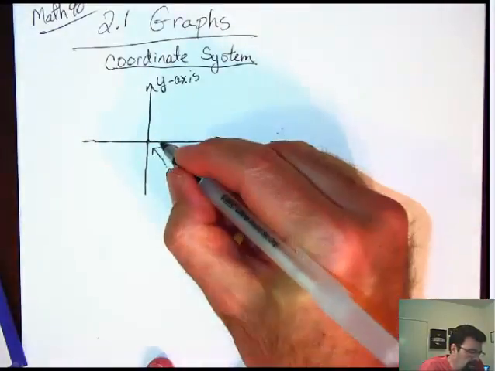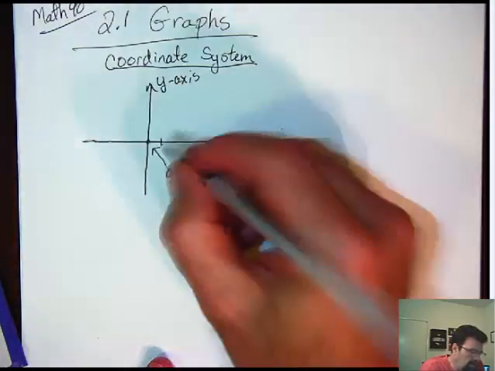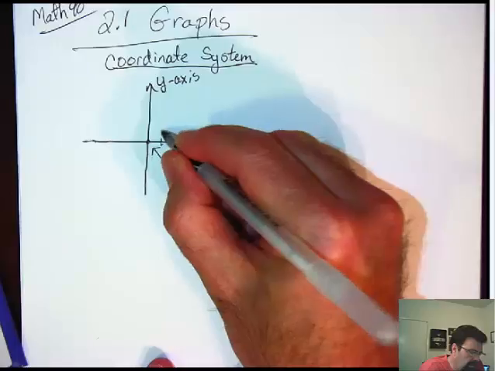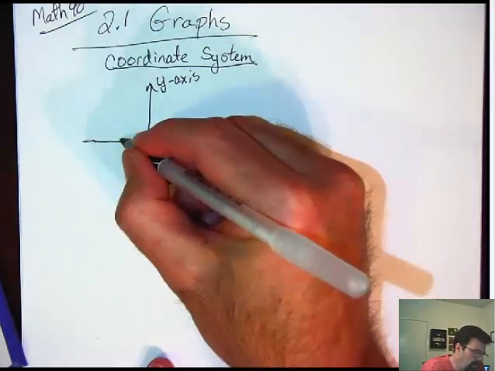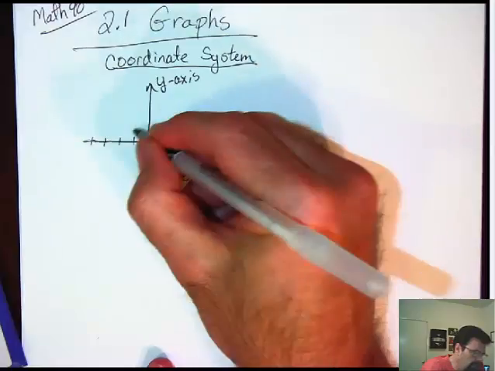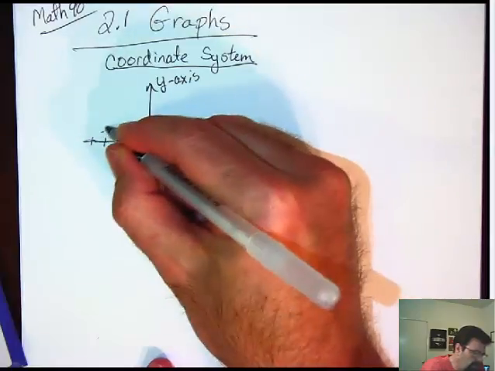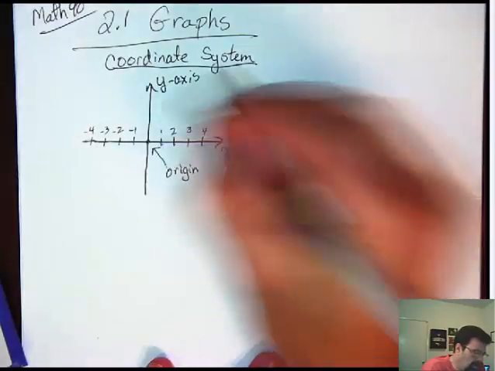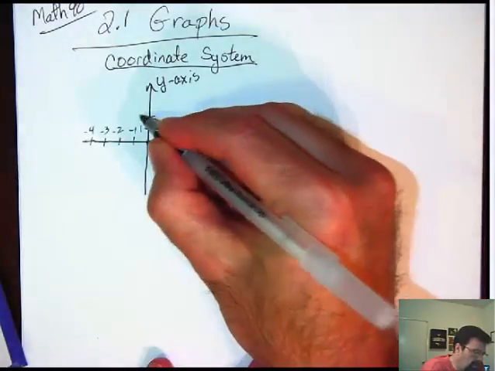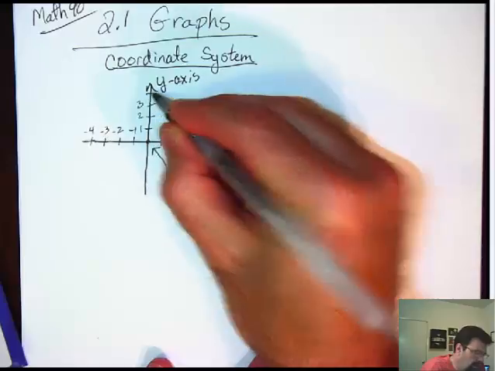The x-axis is just like the real number line. Going to the right is positive. Going to the left is negative. And then the vertical axis, starting from the origin, going up is positive. Down is negative.